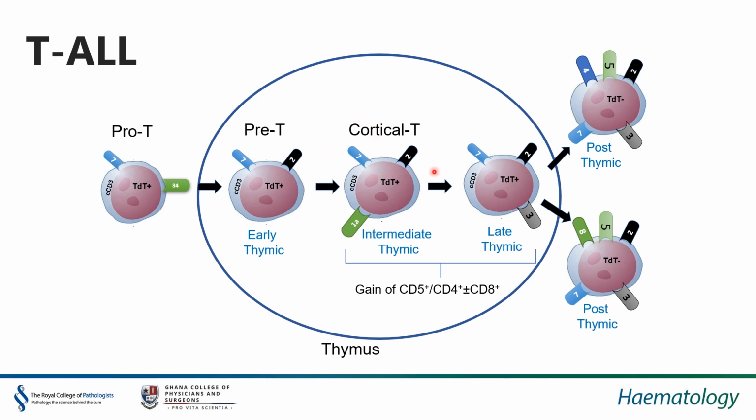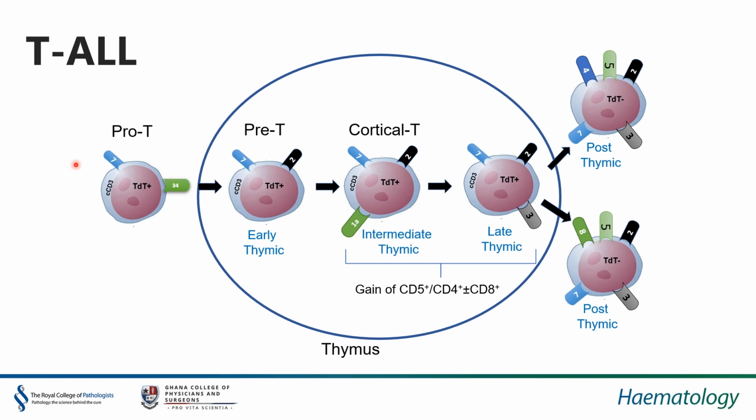Then, of course, you have your late thymic T cells, where the CD1a is lost, but you can get a gain of CD3. And then we have our post-thymic CD4, CD8 single positive cells. So by knowing T-cell differentiation, and the process from pre-cortical to late thymic and intermediate thymic patients, we can then define what T-cell acute lymphoblastic leukemia stage they are.